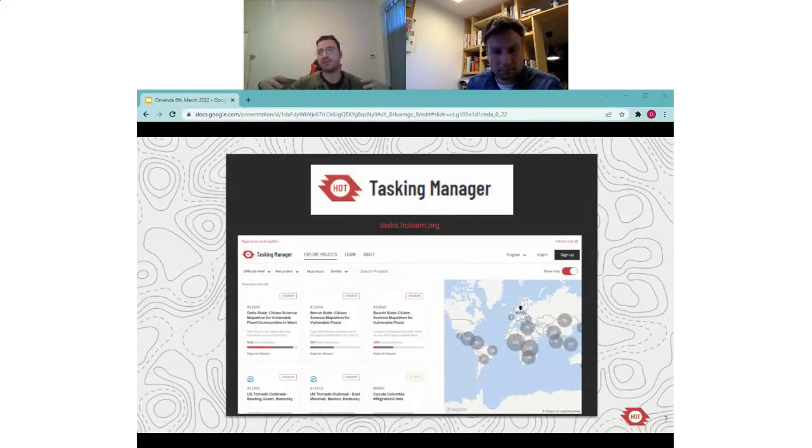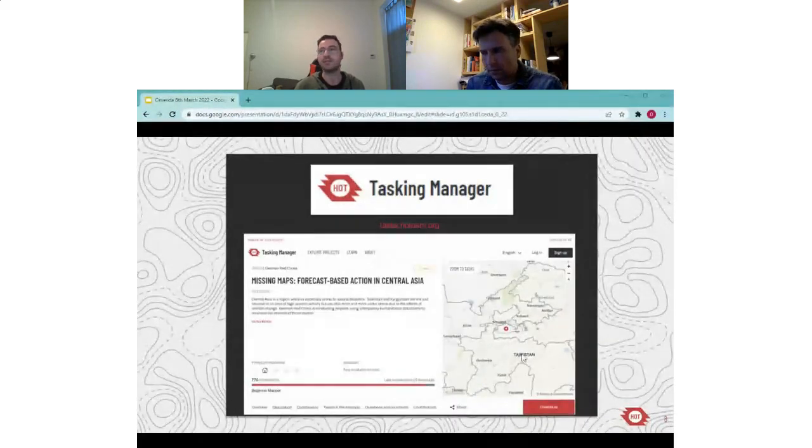Validators also can go and check what the mappers have done. All of those are volunteers, and they can be organized by a project, and that project will be focused on specific areas.